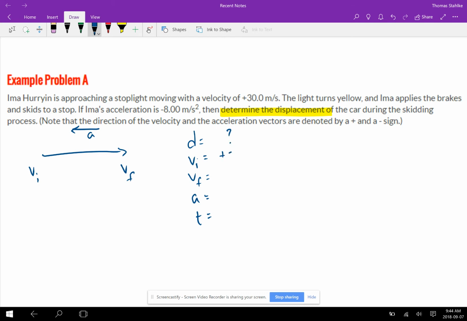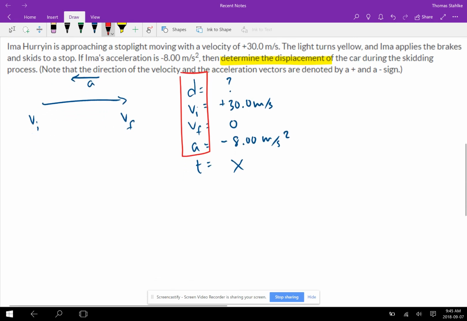We're starting with an initial velocity of 30 meters per second, and it says skids to a stop, so the final velocity is 0, with an acceleration of negative 8.00 meters per second squared. Now the time is not given, and it's not needed, because we can use an equation that addresses these four variables: displacement, initial velocity, final velocity, and acceleration.